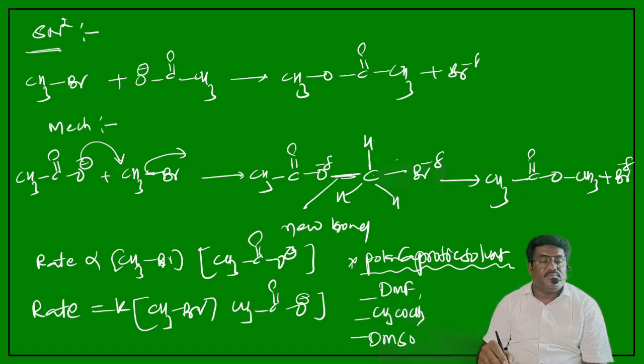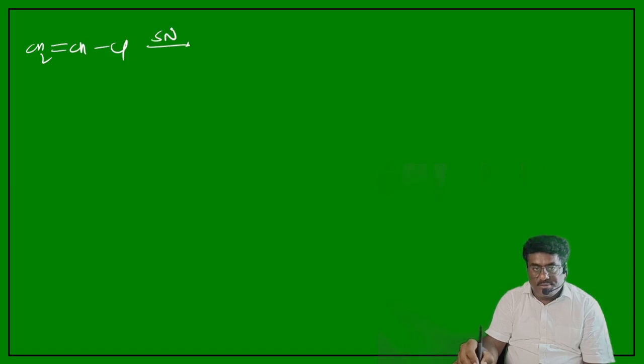Here also, vinyl and aryl halides, for example vinyl halide CH2=CHCl, do not undergo SN2 reaction. There is no reaction.